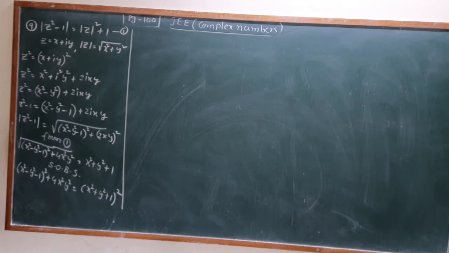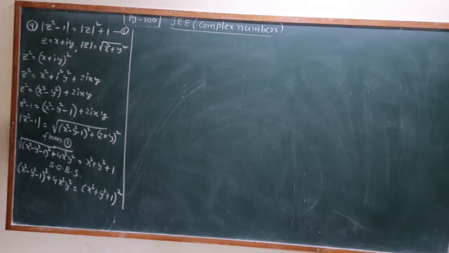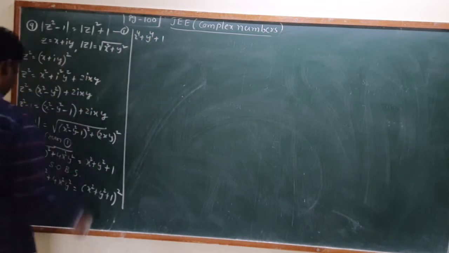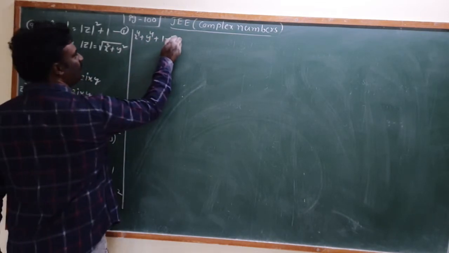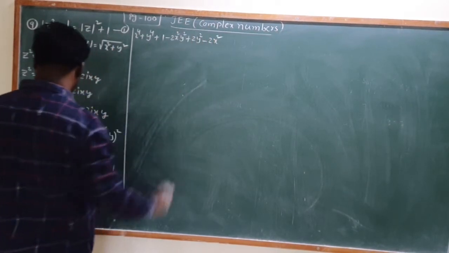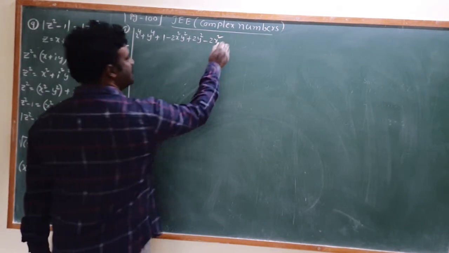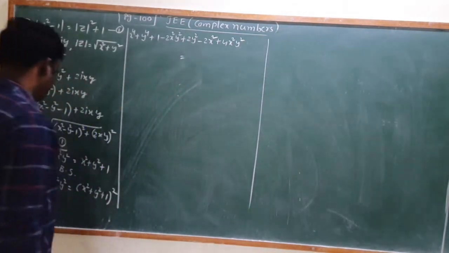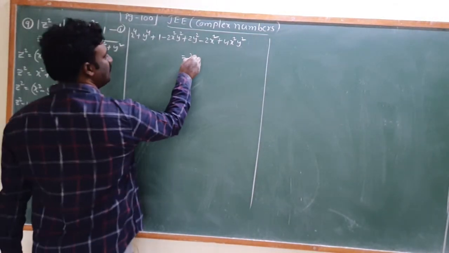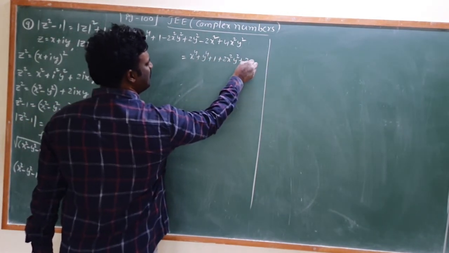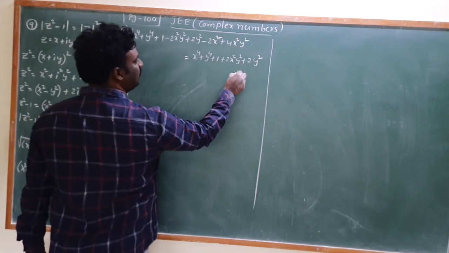So we know the formula for a plus b plus c whole square. Apply that formula and substitute here. And what do you get? x power 4, y power 4, plus 1, plus 2ab, plus 2bc, minus 2ca, plus 4x square y square equals, here a plus b plus c whole square: a square, b square, c square, 2ab, 2bc, 2ca.